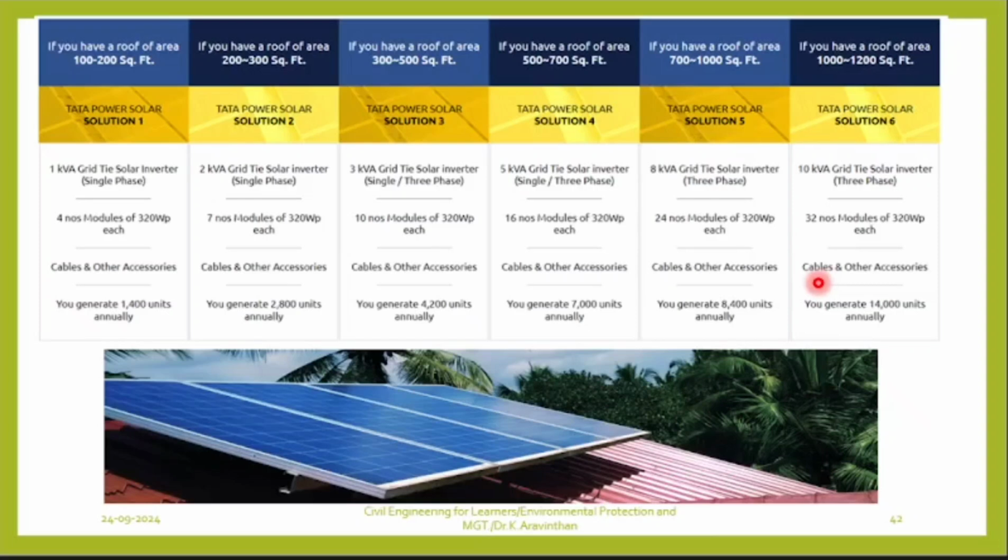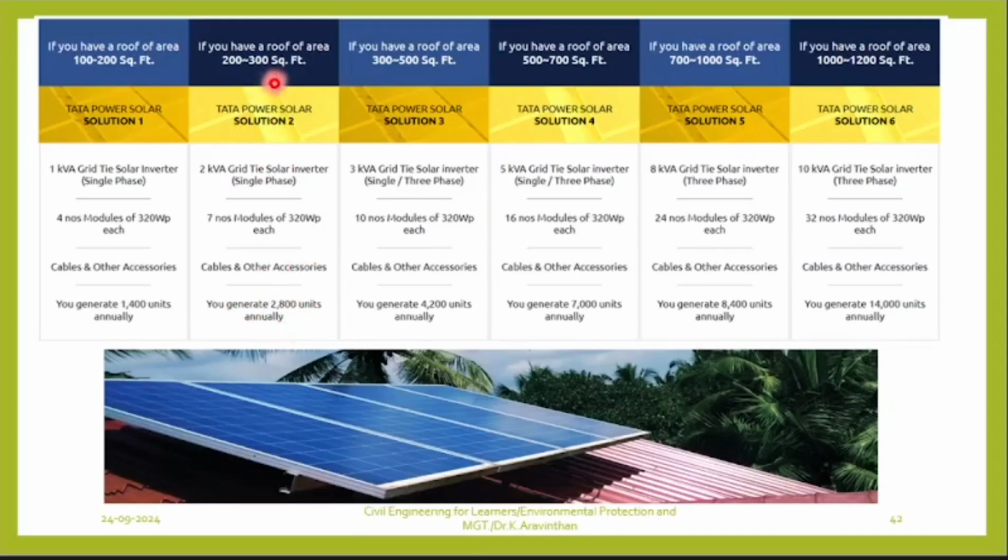If you are having air conditioning, then only will it go above 200. Else it will not go above 200 units. So imagine you are using 200 units in your house per month. Per year, how many units are required? 200 into 12 is how much? 2400 units.